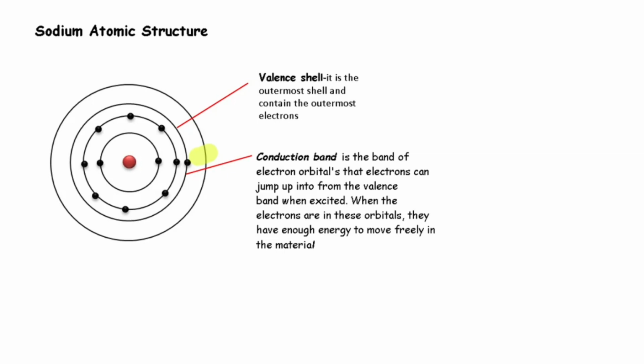Later, I will show you some figures showing that for the conductor, the valence band and the conduction band just overlap. While for the insulator, let us look at how it differs.